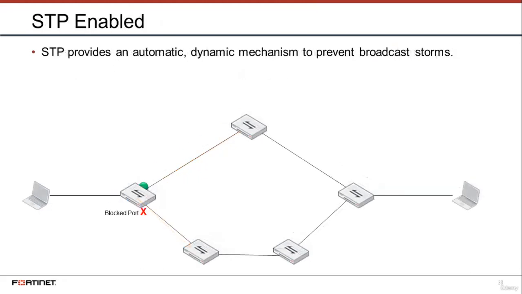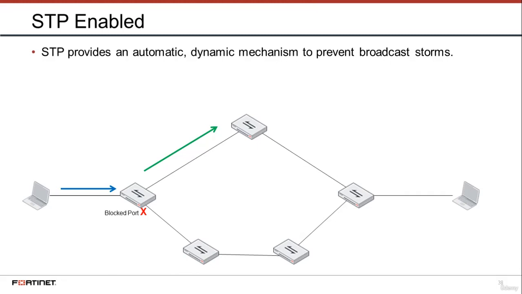STP enabled. To prevent broadcast storms, you can use spanning tree protocol. Spanning tree protocol works by first selecting one switch in the broadcast domain to serve as the root bridge. The switches then begin exchanging special packets called Bridge Protocol Data Units, or BPDUs.